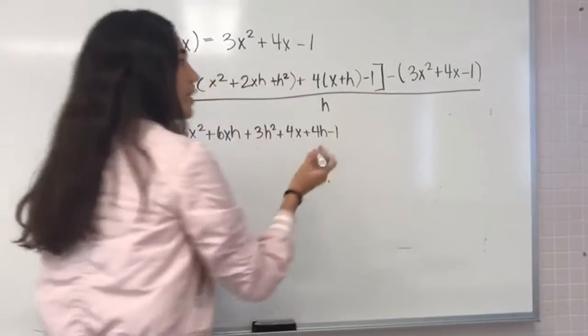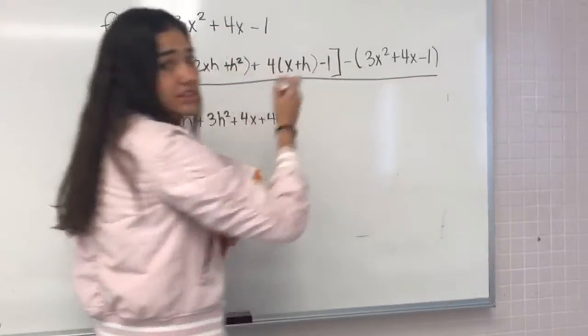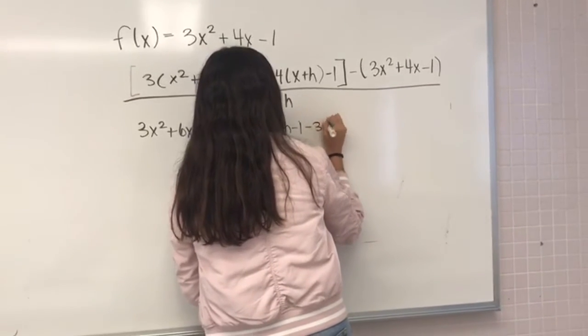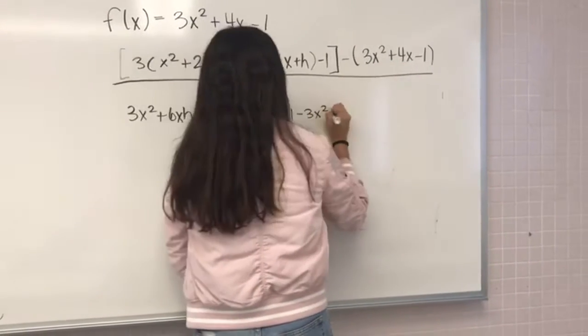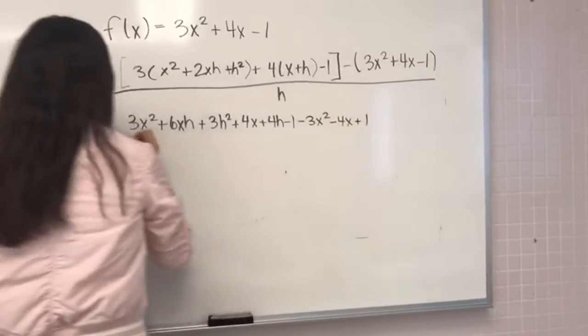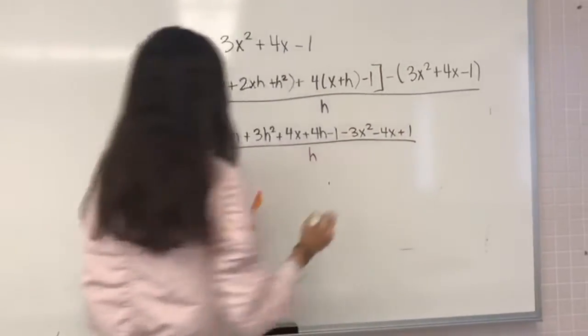And then, since we have a negative outside of the parentheses, everything will change sign inside of the parentheses. So we have minus 3x squared minus 4x plus 1. And remember, everything over h.